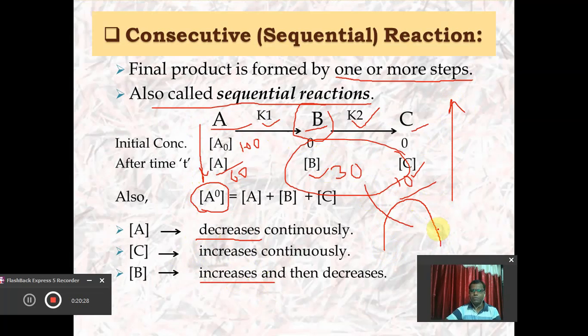This is the graph that you will come to. Because the intermediate does not remain in the reaction, the reactant definitely decreases with time, and the product definitely increases with time.